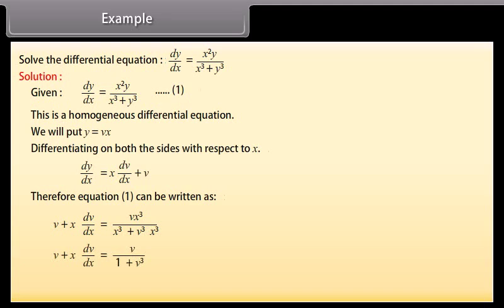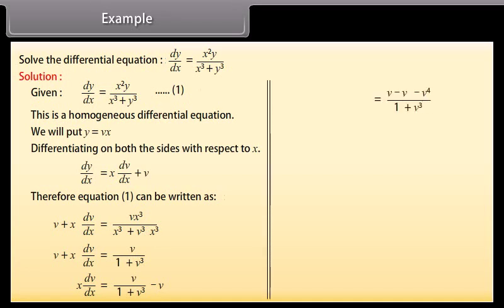V plus x into dv by dx equals v upon (1 plus v cubed). x dv by dx equals v upon (1 plus v cubed) minus v, equals (v minus v raised to the power 4) upon (1 plus v cubed).